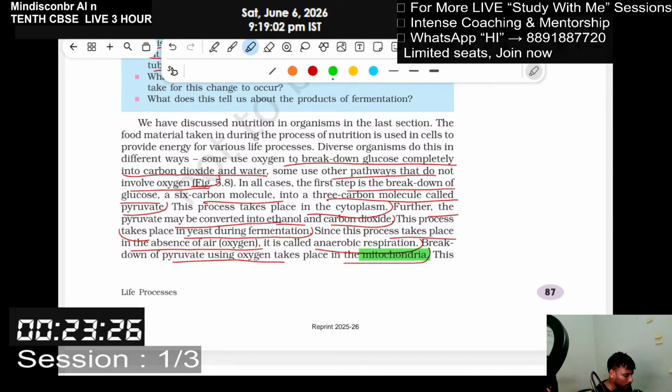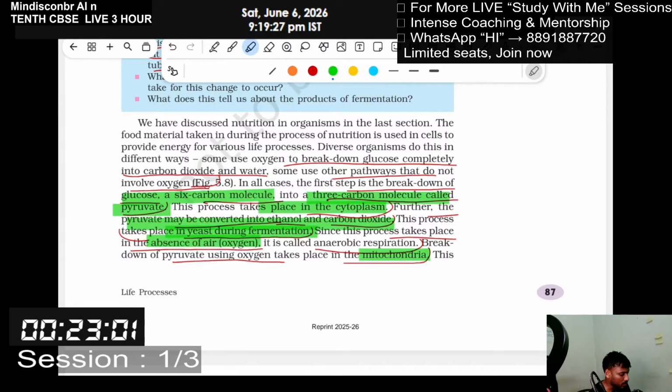The first step involved is the breakdown of glucose, a 6 carbon compound, into a 3 carbon molecule called pyruvate. This process takes place in cytoplasm. After that, this pyruvate may be converted to ethanol and carbon dioxide. This process takes place in yeast during fermentation, and this happens in the absence of oxygen, hence it is called anaerobic respiration.